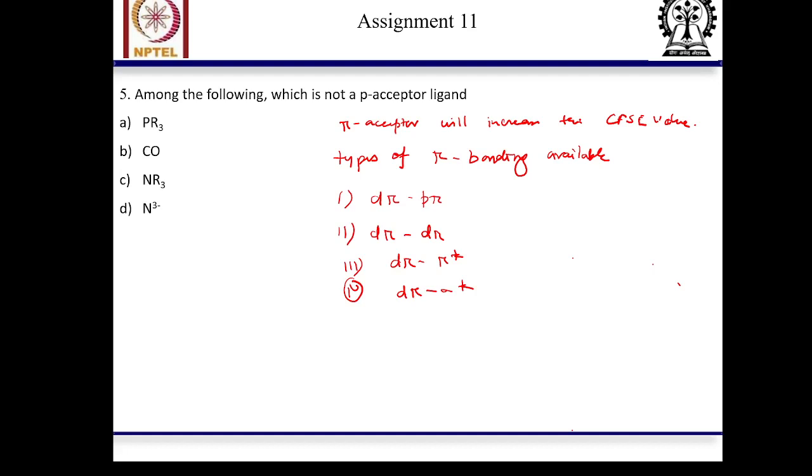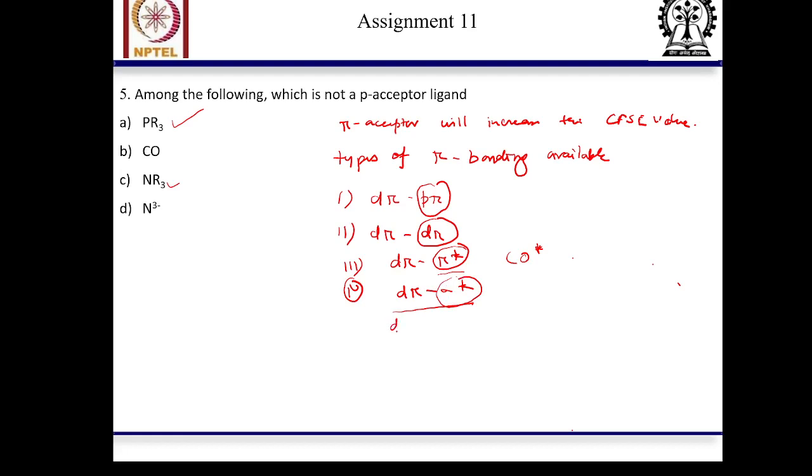If you want to make a pi bonding, you have to have a matching symmetry orbital. The matching symmetry orbital for the pi bonding can be p pi of the ligand, or d pi, or pi star, like in case of CO, where we have a pi star antibonding orbital, or it can be sigma star, like in case of PR3 and NR3, where the sigma star symmetry matches with a d pi.